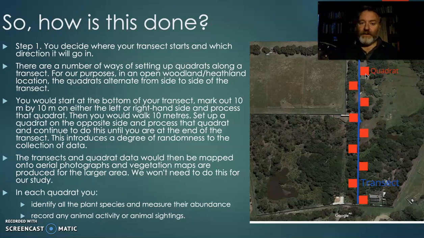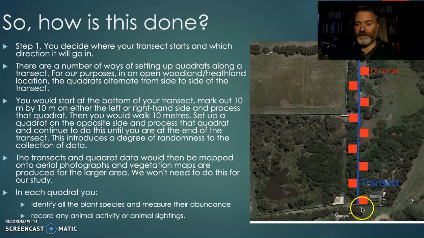There's a mathematical formula to work out how big your quadrat should be given the tree types and plant types in your environment, often taken by sampling the girth and height of the dominant species from memory. But if we're in the reserve, we would have done 10 metre squares, nice sampling size. In your backyard, you can just use 1 metre squares. Otherwise, it could be the whole backyard in one quadrat, depending on how big your place is.